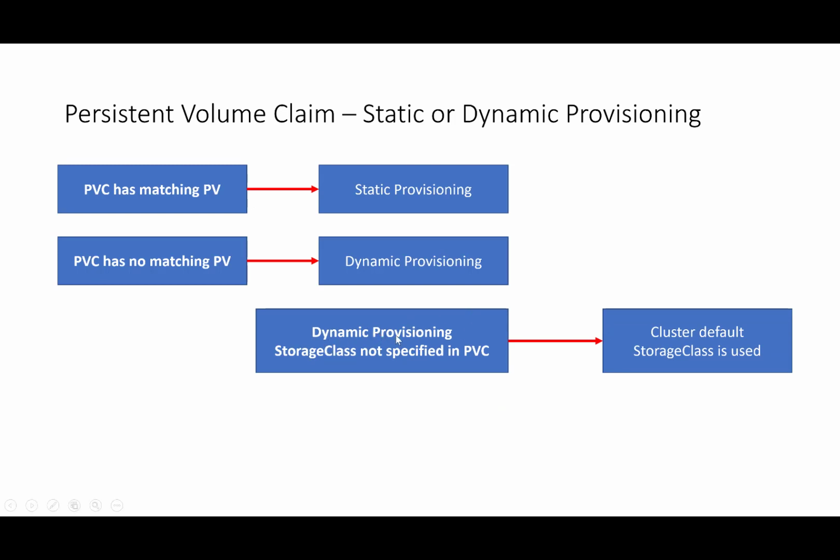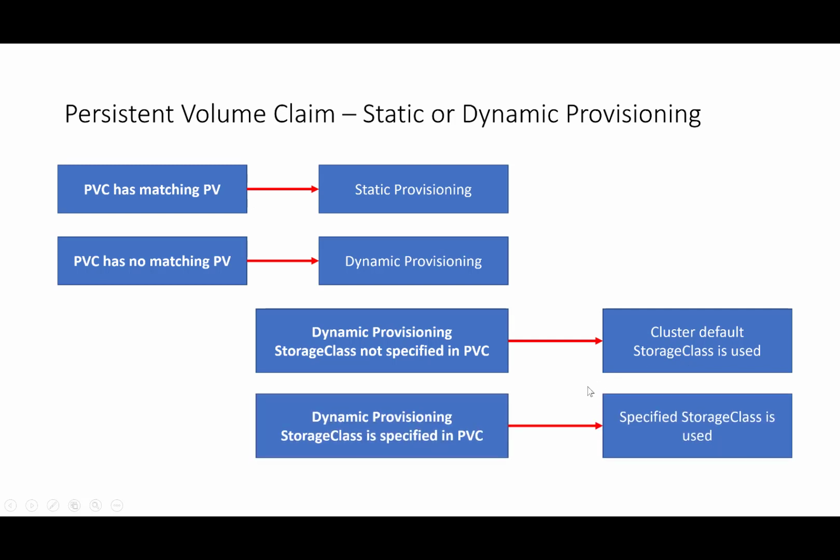If the storage class is not specified in the PVC, then the cluster default storage class is used. So there is a default storage class in the Kubernetes cluster, and that is used. And if the storage class is specified in the PVC, then that specified storage class is used.